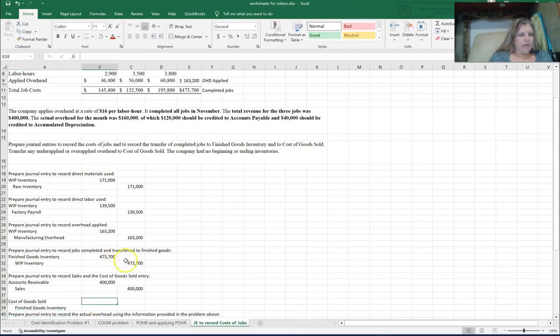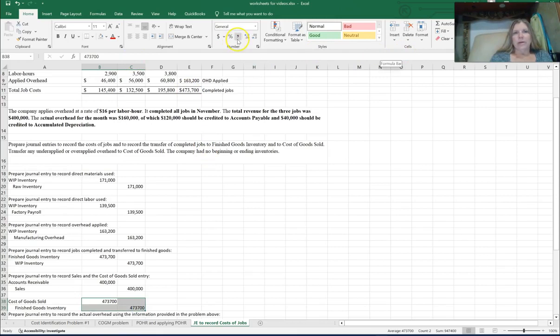And we already said that the cost of those 3 jobs that we produced is $473,700. So we're going to move those costs out of our finished goods inventory and into our cost of goods sold, because that's what it cost us to produce them.